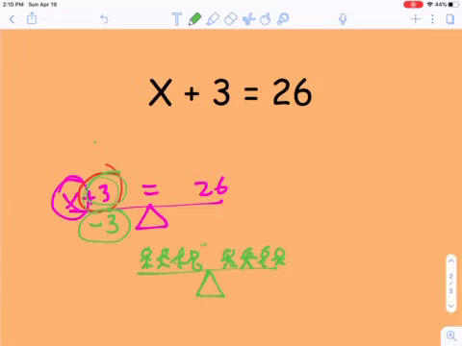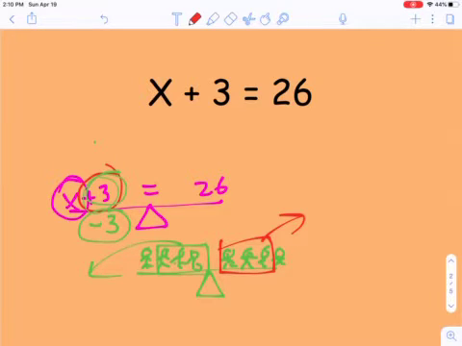I want to take 3 people off, but I want the teeter-totter to stay balanced. So in order for that to happen, we're going to have to take another 3 people from the other side, and they're going to have to go.